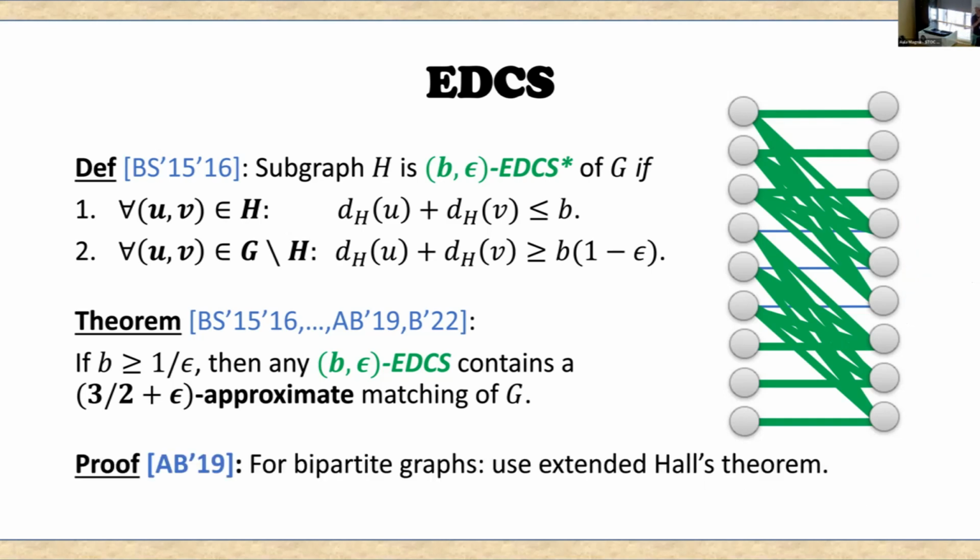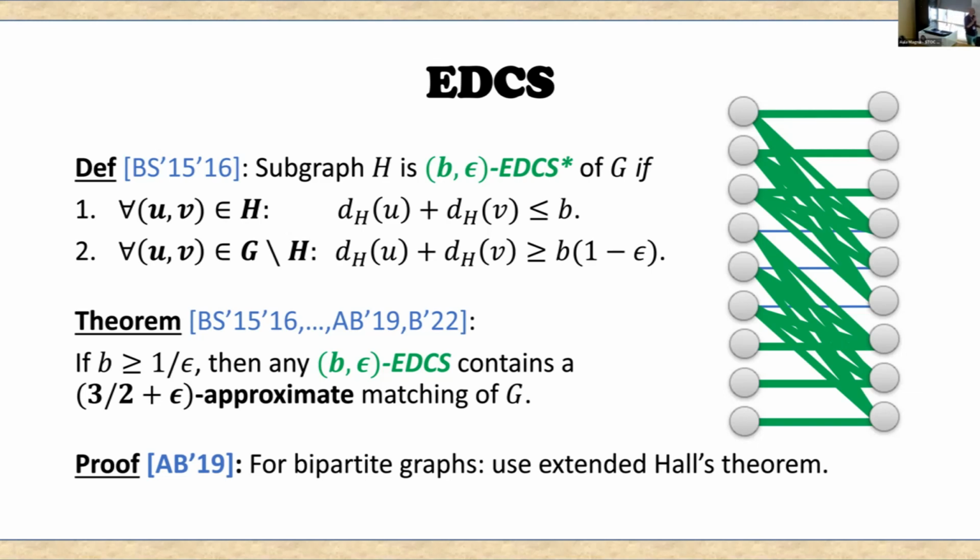I think my favorite proof of this is by Assadi, Bernstein and Solomon '19. If you're looking for a sleek paper to teach in some grad course, then I'd recommend this one. For bipartite graphs, you rely on the extended Hall's theorem to show that EDCSs are 3/2 approximate sparsifiers.